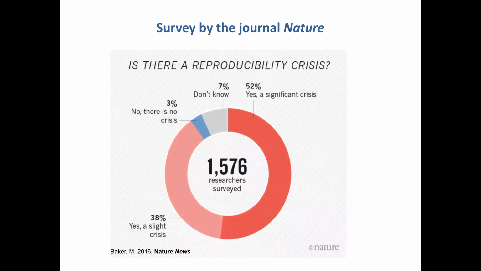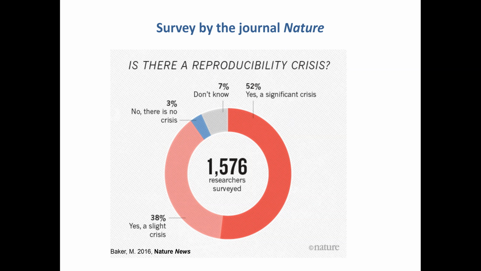Sometime later, Monya Baker, a journalist from the journal Nature, made a survey asking 1,576 researchers what they think about the reproducibility crisis, whether they think there is a reproducibility crisis, and several more questions. What you can see here is just the main summary, and this was published in 2016.